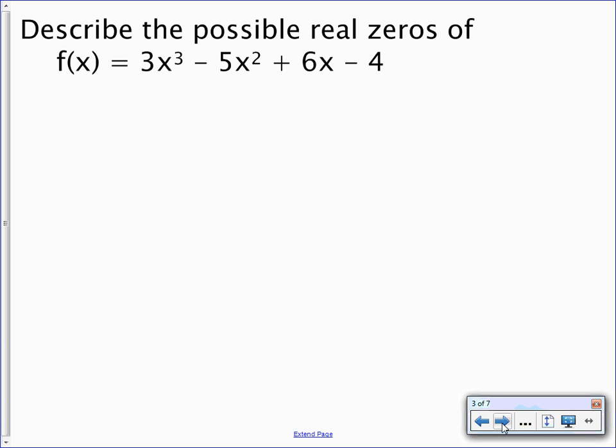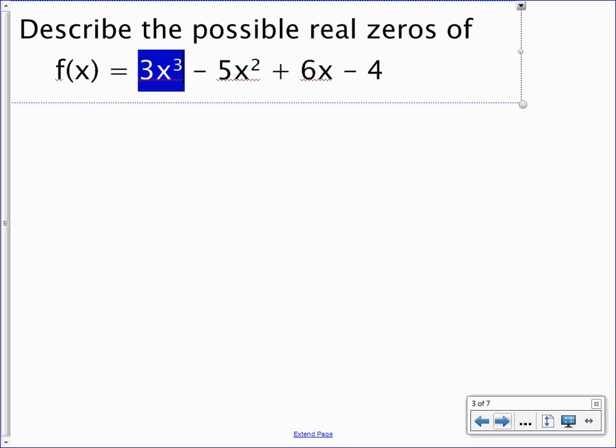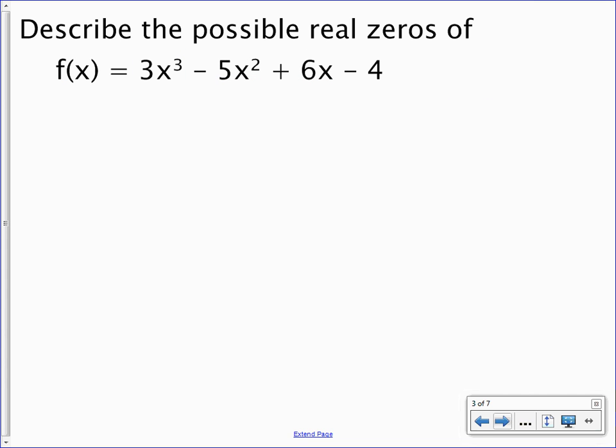Okay, so using Descartes' rule of signs, how many sign changes do we have in our polynomial? This is positive, right? This is negative. This is negative. So 1, 2, 3. We have 3 sign changes.